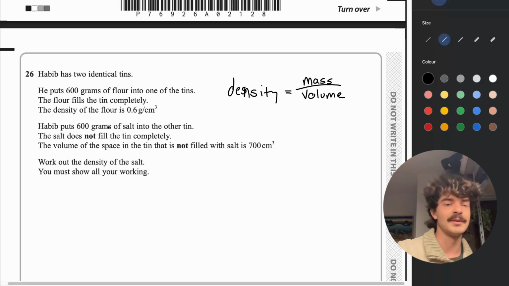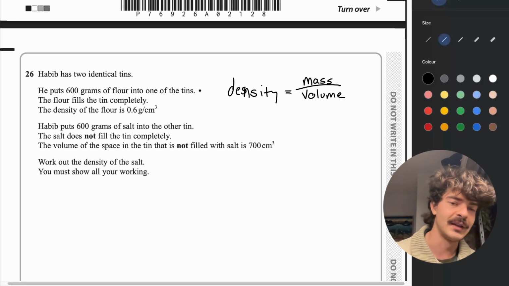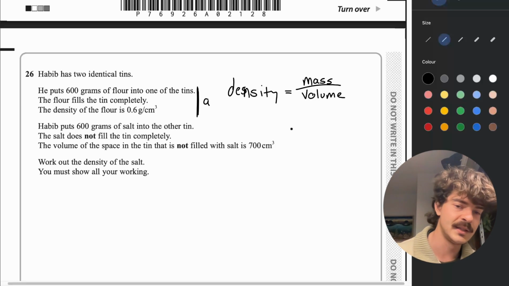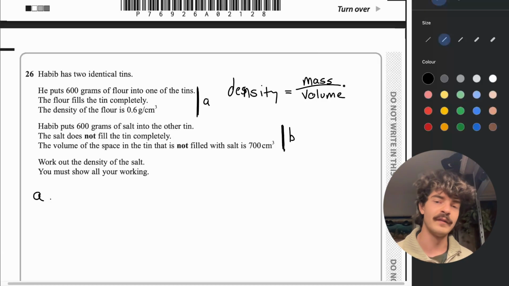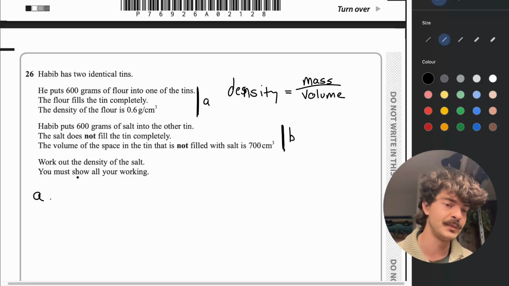Okay, I can see what's happening. So this is kind of like our part A up here, and this is more like our part B. So in part A, we're given a mass, 600 grams, and we're given a density. Now, using our formula, we can figure out a volume. A volume is an amount of space that's filled by something.